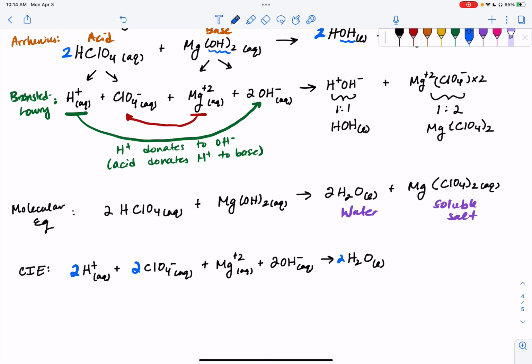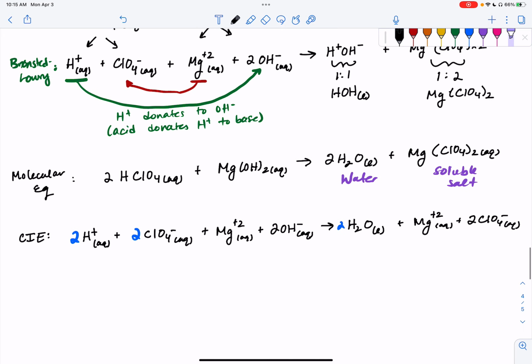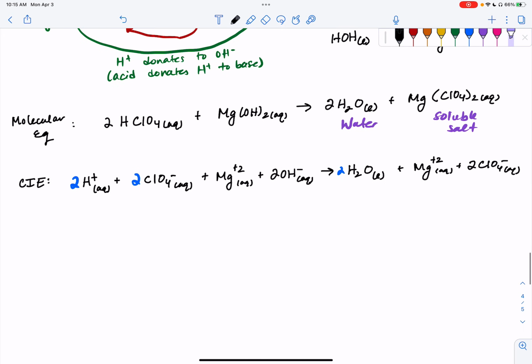And then magnesium perchlorate, which is Mg2 plus and 2 ClO4 minus. So this is our complete ionic equation, shows everything that's aqueous dissociated into its ions.